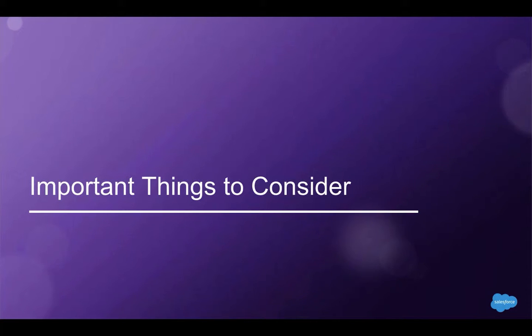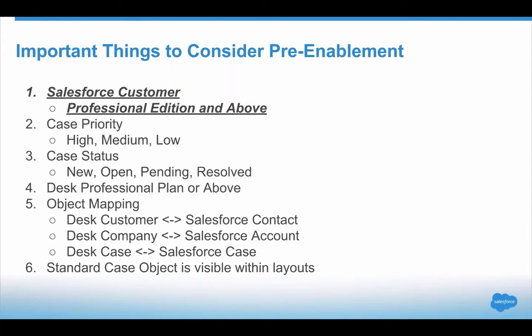These are the important things to consider when you're trying to enable Desk Connect for your account. Things to consider pre-enablement are that your Salesforce customer edition should be professional edition and above. In Salesforce, you need to make sure that your case priority values are always high, medium, and low.